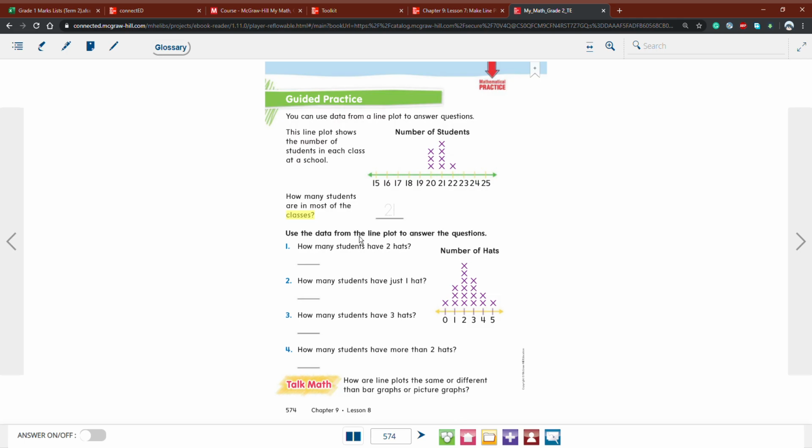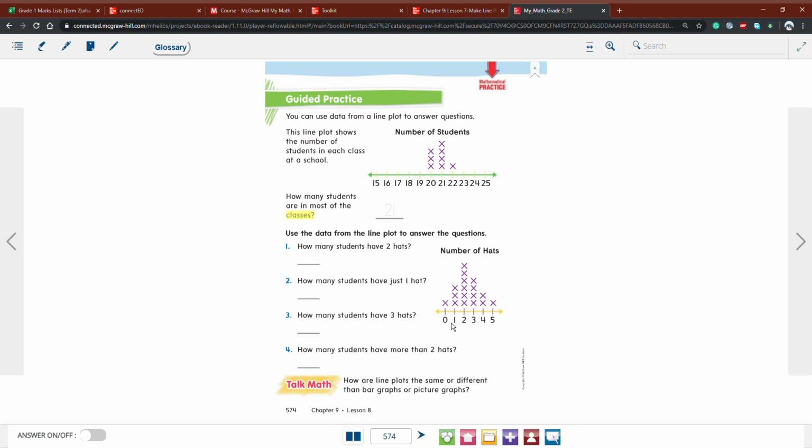Now, this is another question and another line plot, but that was an example to understand how to analyze the line plot. Use the data from the line plot to answer the questions. How many students have 2 hats? Okay, so first we should understand the line plot, then we will read the questions.